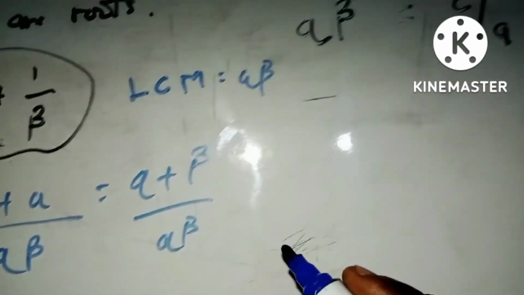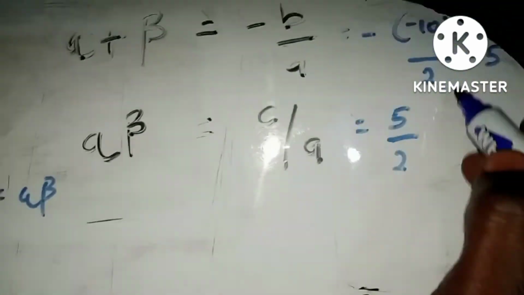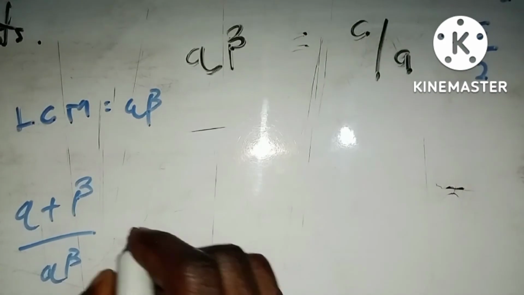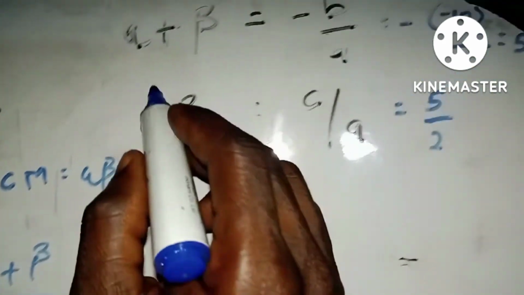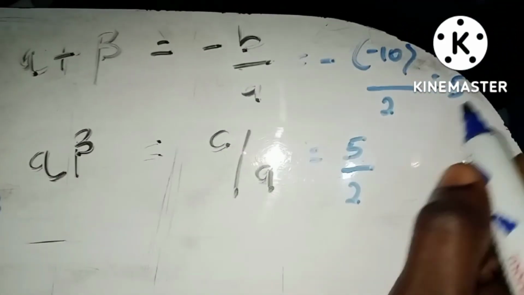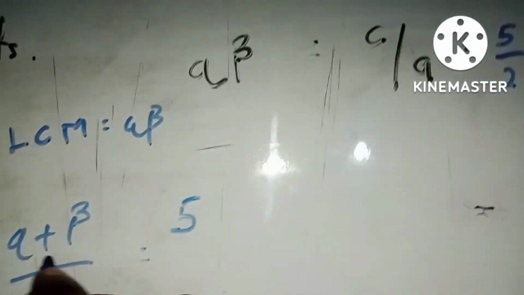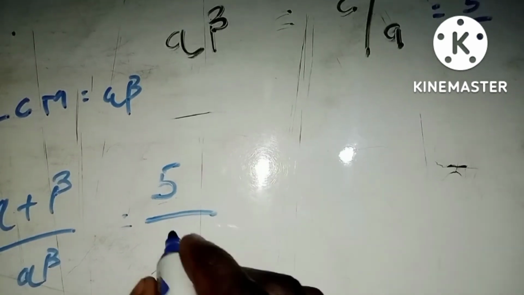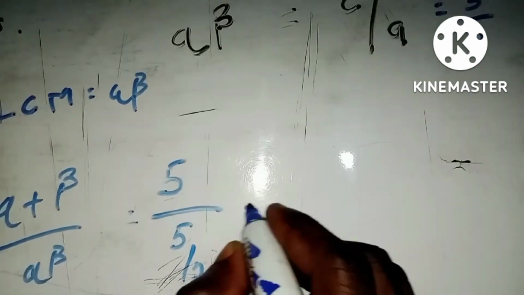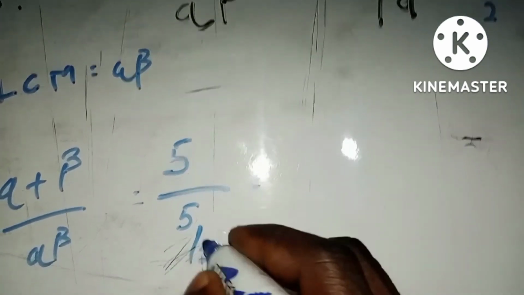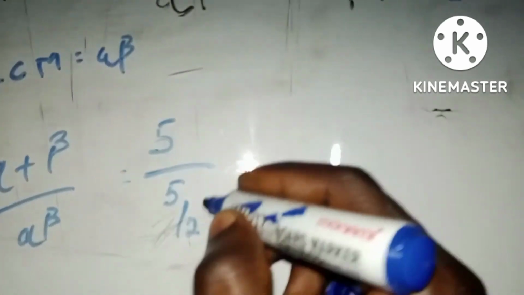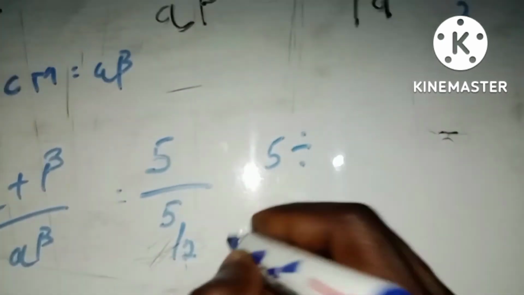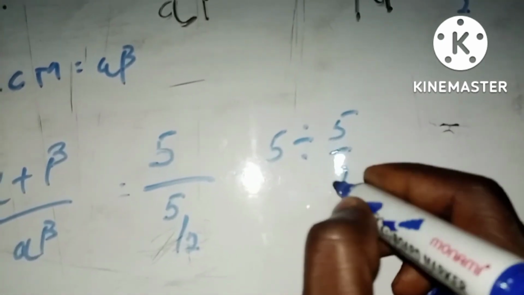That is why you need to know this in the first place. So this will be your stepping stone. You have alpha plus beta, which gives us 5 at the top here, and then down here you are going to have alpha beta, that is 5 over 2. So this is 5 divided by 5 over 2.